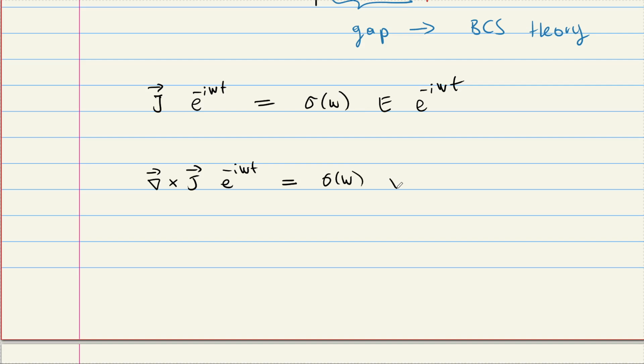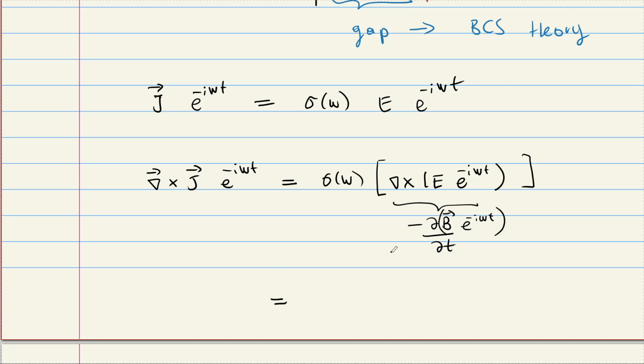So this is curl of e to the minus i omega t, so this full component, and this is curl of e, and we know curl of e here is minus del B del t from Maxwell equations. And we are saying if e is e to the minus i omega t, B is e to the minus i omega t, exactly the same form.